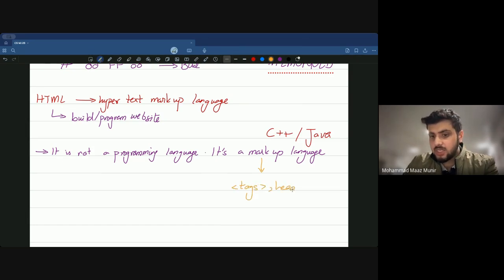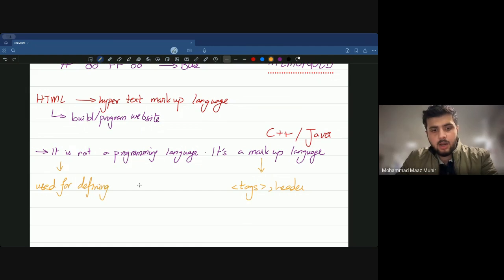Now, this used to be tested beforehand, like in the pre-2023 exams. They used to ask what's the difference between HTML and all that stuff. But now it's not explicitly asked, but just for your sake, you should be aware that markup language is basically used in processing, defining, and presenting text.